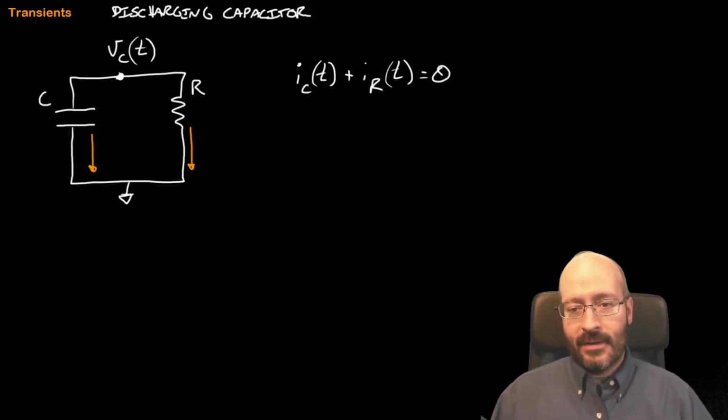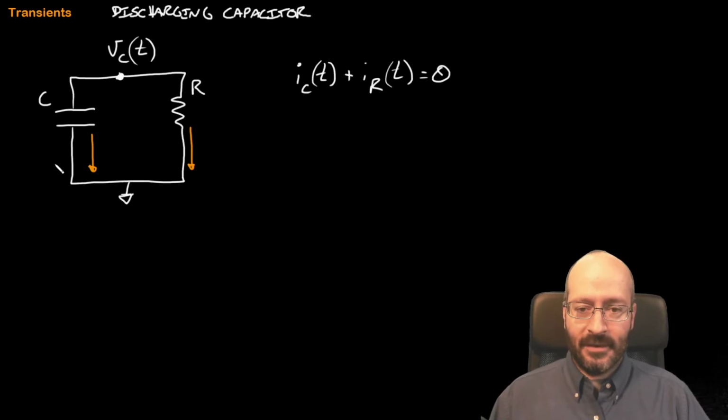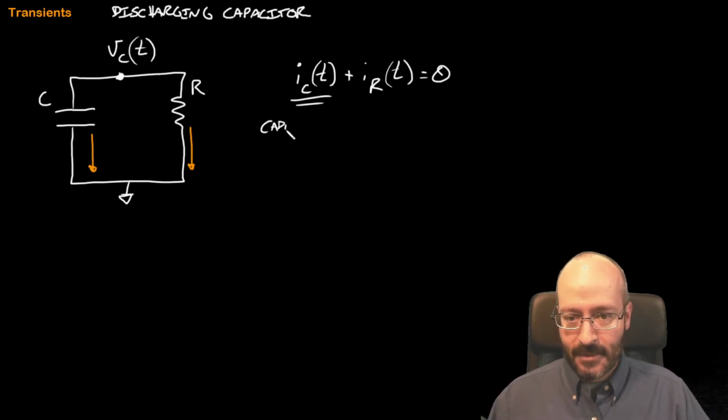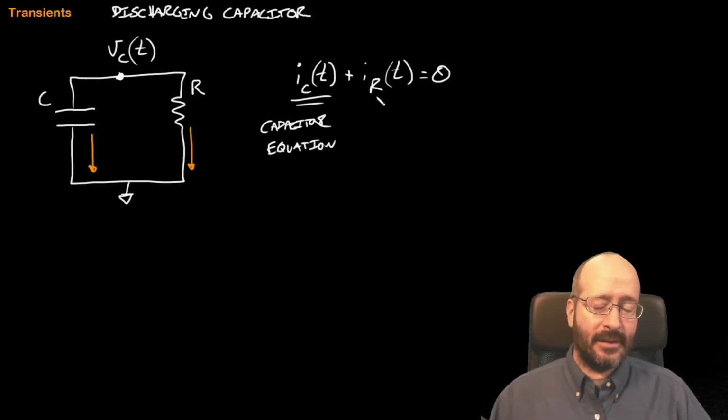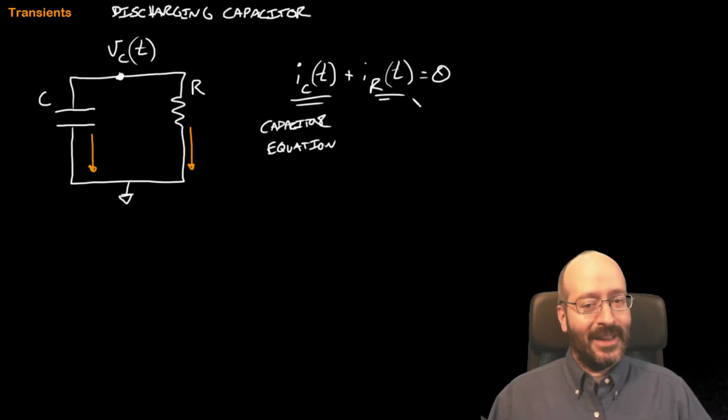Okay, so the current through the capacitor, we're going to relate that to the node voltage using the capacitor equation. And the current through the resistor, just like we did in nodal analysis, we're going to use Ohm's law.